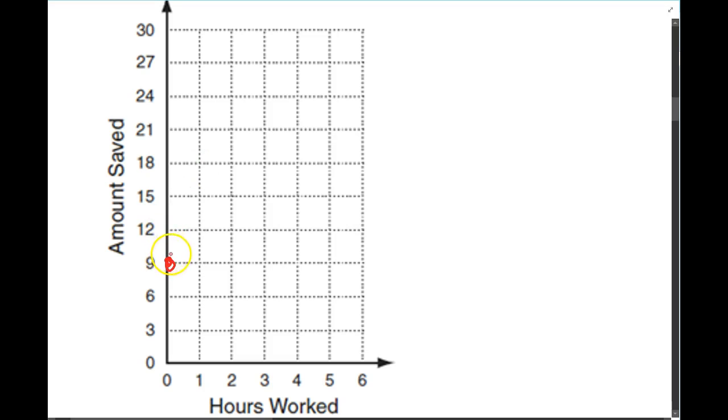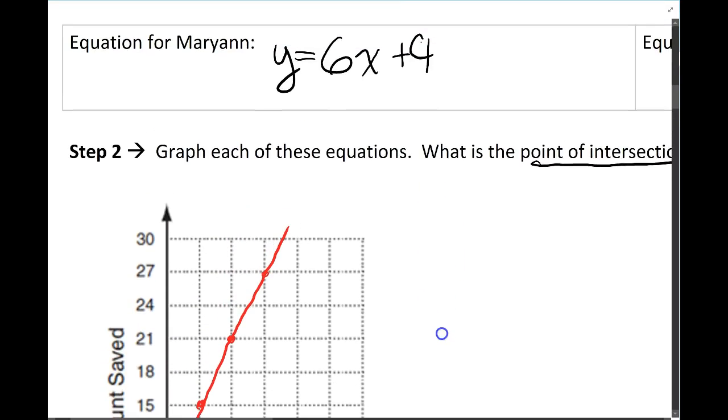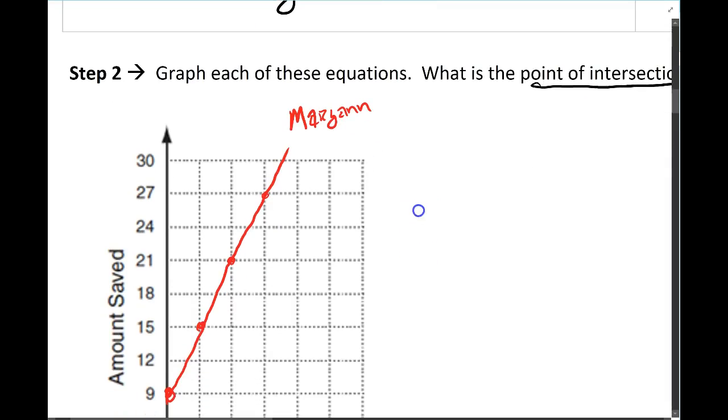So if it's going up by 6, it's going to go up 6 over 1, up 6 over 1. And this is my line for Marianne. We're going to just call it Marianne. So that's my line for Marianne.